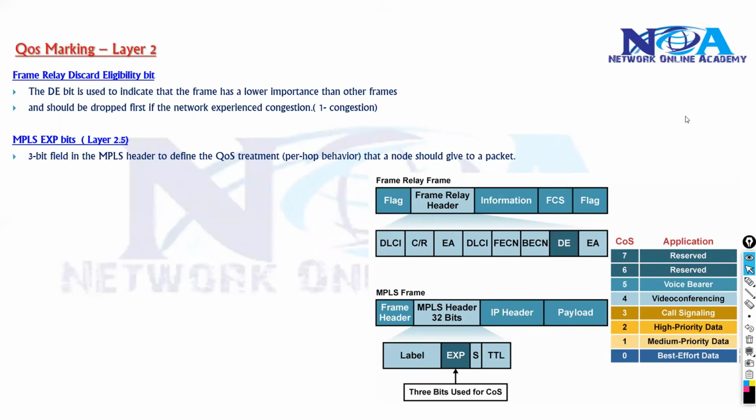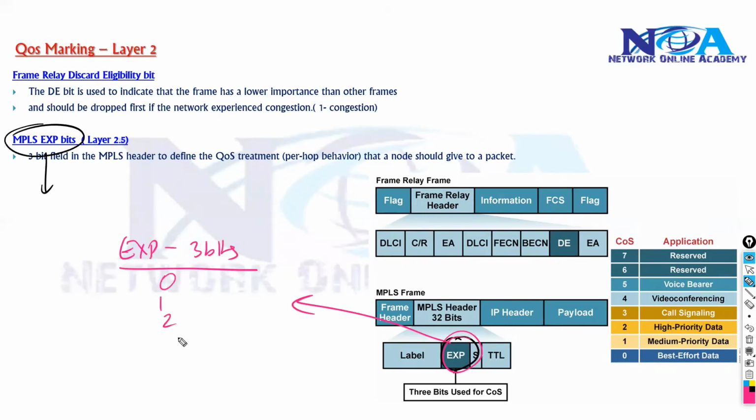Likewise, if you're using MPLS networks, in MPLS also we have a special field called experimental bits. Inside the experimental bits, again, this is 3 bits, which means you get the same values. Based on these 3 bits, you get the value from 0, 1, 2, 3, 4, 5, 6, 7. The 0 is considered the least priority, and 7 is considered high priority.